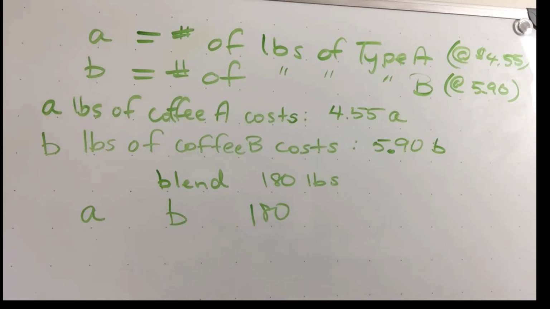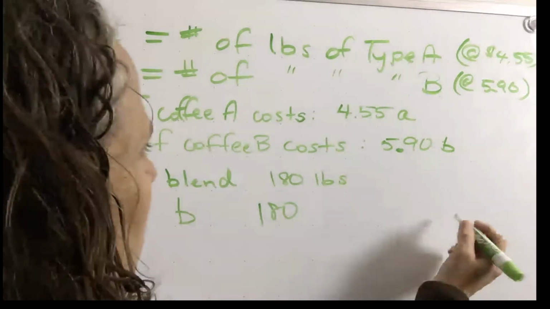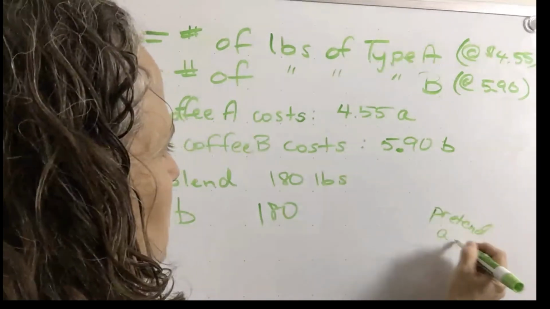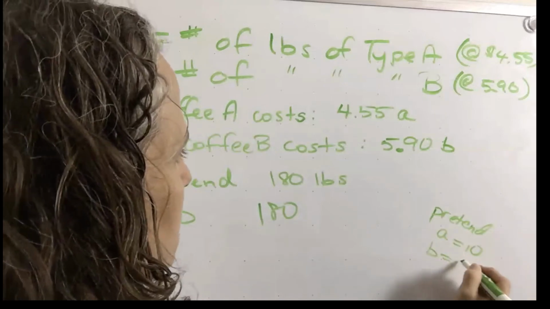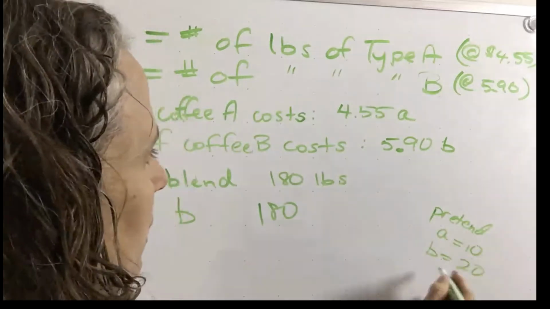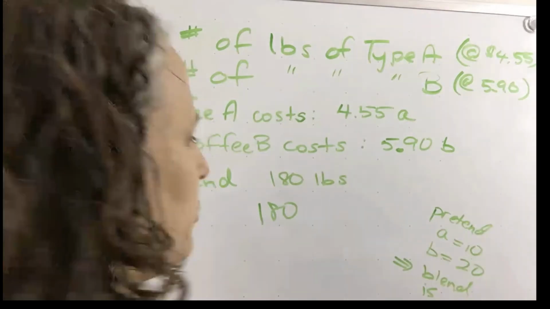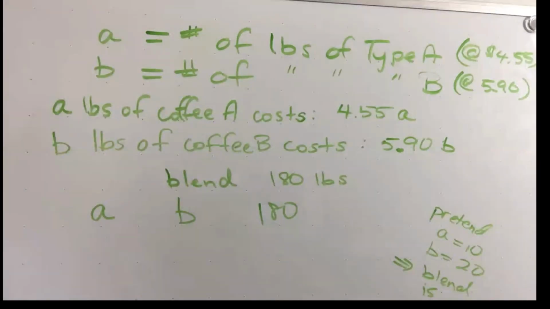Can I write an equation? Can I put symbols in there and connect those and make an equation? So pretend that A is 10 and B is 20. How many pounds of coffee do we have in our blend? 30. Right.